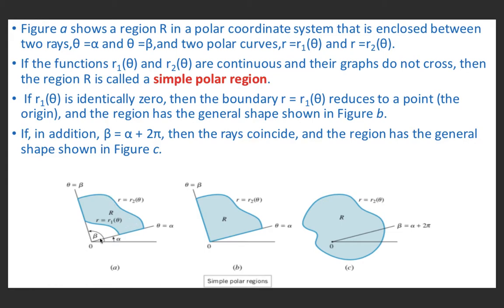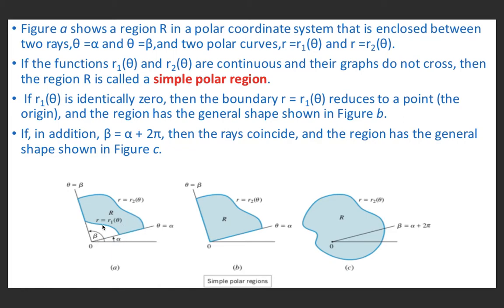If the functions r1 of theta and r2 of theta are continuous and their graphs do not cross, then the region is called a simple polar region. The condition is the curves should be continuous. These functions r1 of theta and r2 of theta should be continuous, and the graphs do not cross each other.